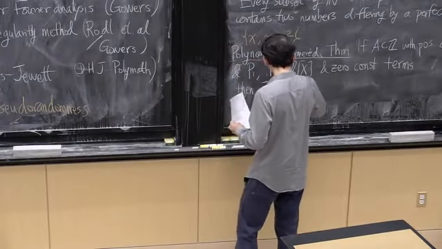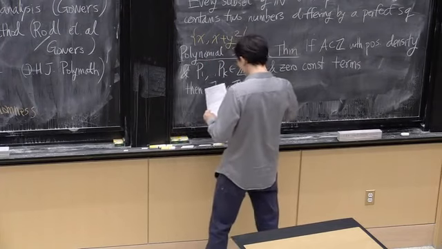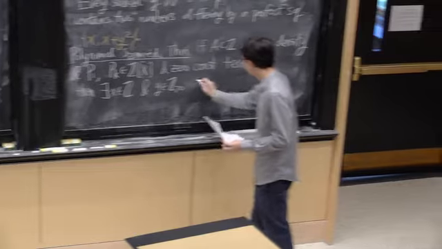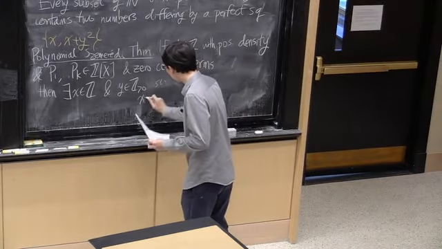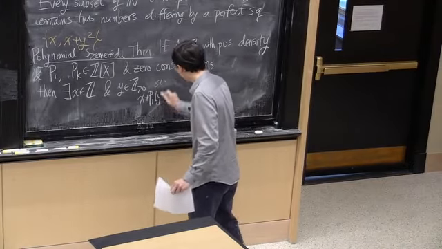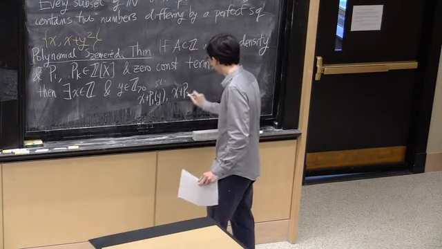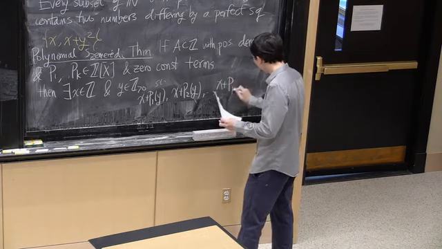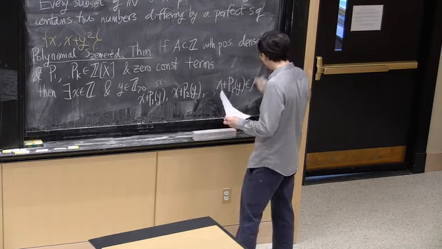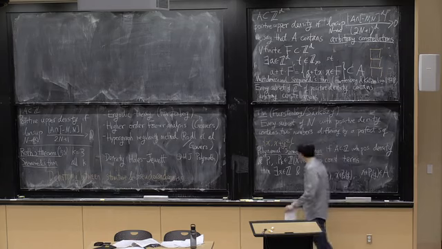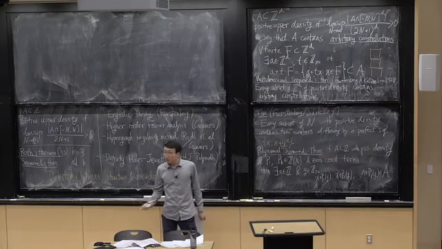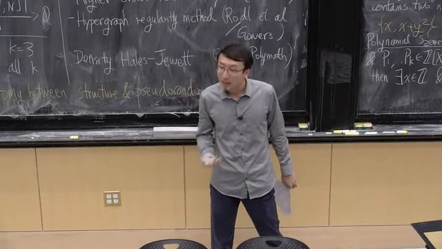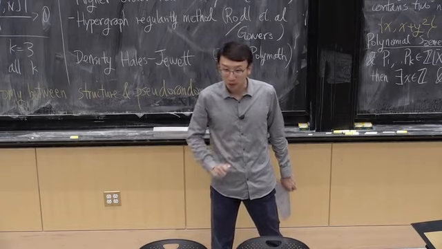There exist some x and positive integer y such that x plus p1 of y, x plus p2 of y, and so on, x plus pk of y all lie in A. Succinctly, every subset of integers with positive density contains arbitrary polynomial patterns.